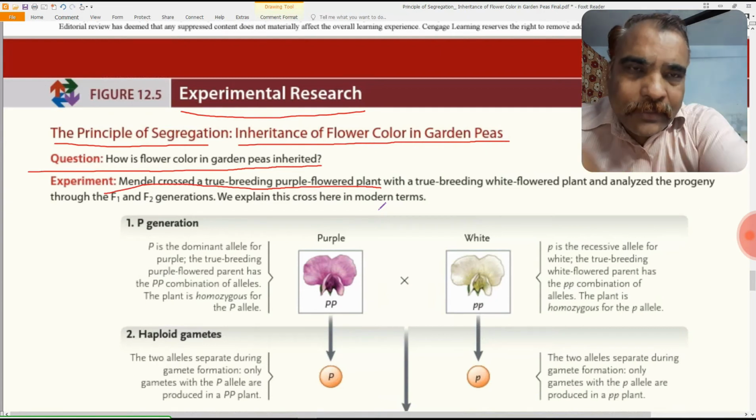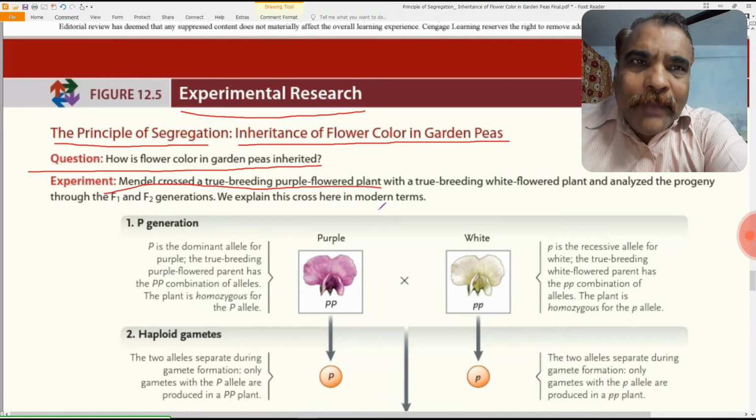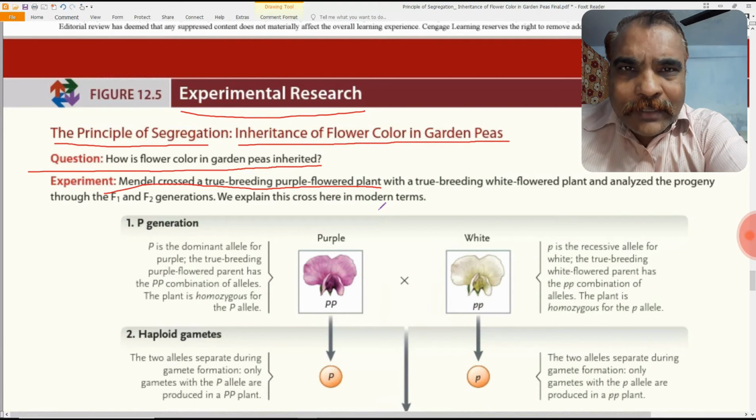Now what is the meaning of a true breeding purple color flower plant? Mendel allowed the purple color flower plant self fertilization. When the seeds were obtained and sown in the next season, he started with the purple flower, and when he self fertilized, he again got purple flower color plants in the progeny.